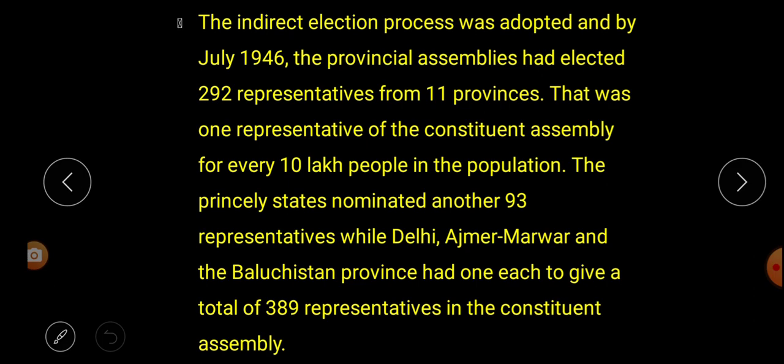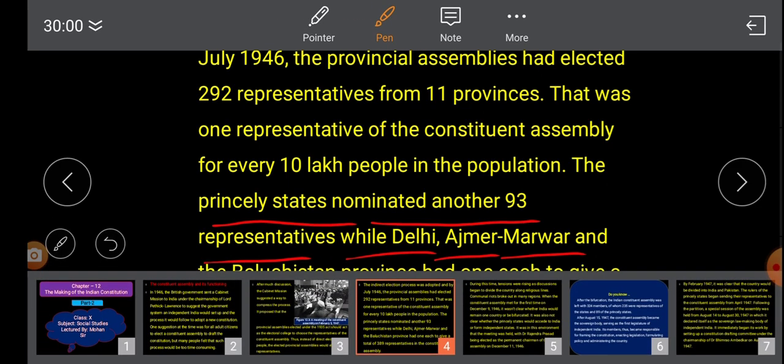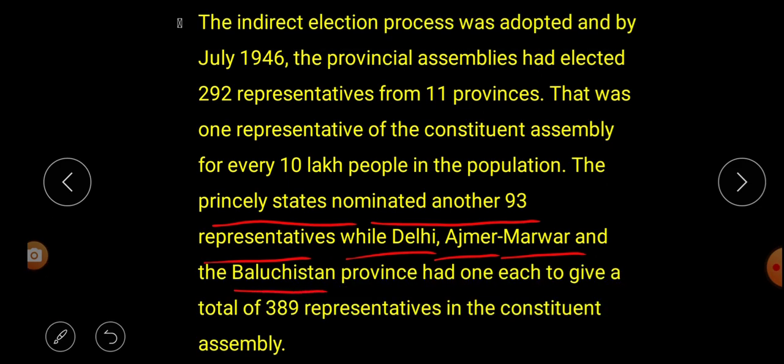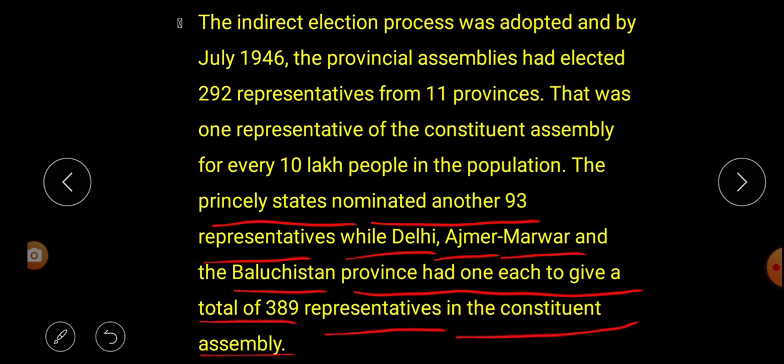Next, the princely states nominated another 93 representatives, while Delhi, Ajmer, Marwar and Balochistan province had one each, to give a total of 389 representatives in the Constituent Assembly.